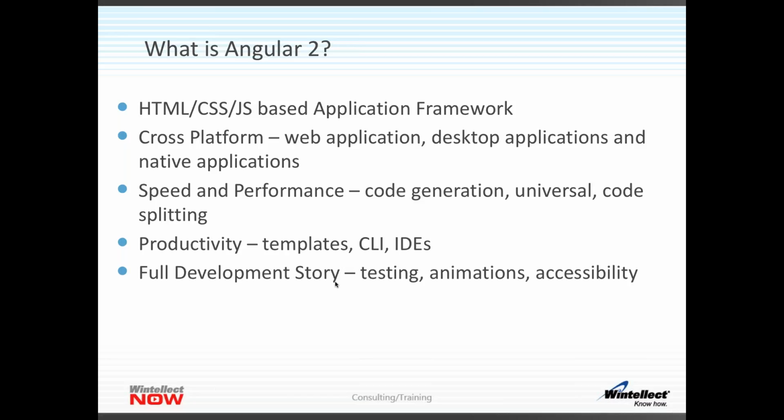Another advantage to Angular 2 is speed and performance. Ultimately, at the end of the day, no matter what framework or library you're using to build your web applications, all of the same DOM operations and functions that those UI libraries do for you, you can actually do yourself.